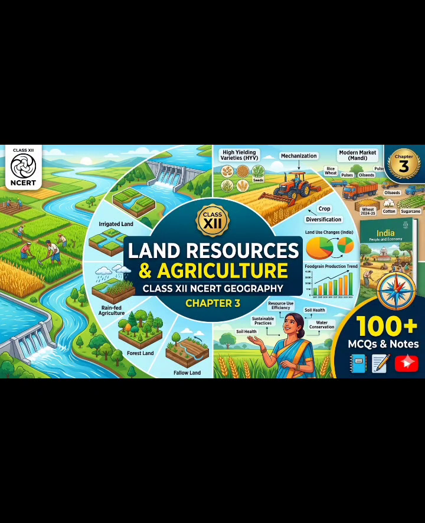Next point is, it is clear from the above discussion that the scope for bringing in additional land under net sown area in India is limited. There is thus an urgent need to evolve and adapt land saving technologies.